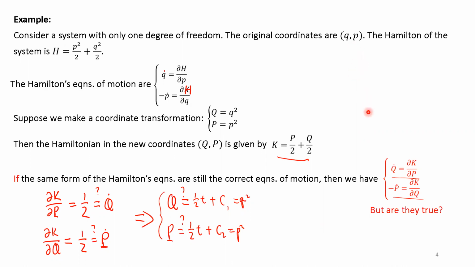So what did we do in the last lesson? I was telling you that there's a transformation that we are trying to achieve, which is known as the canonical transformation.